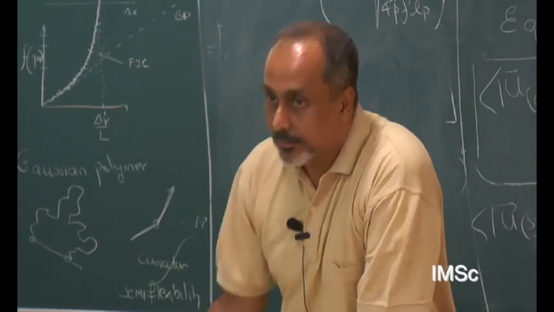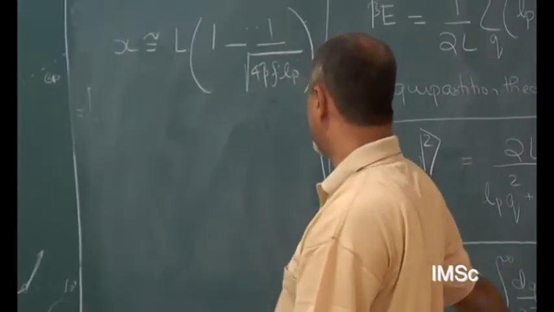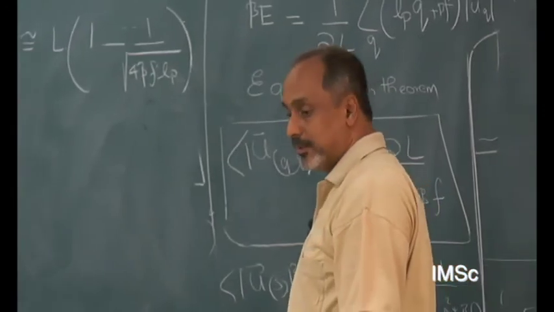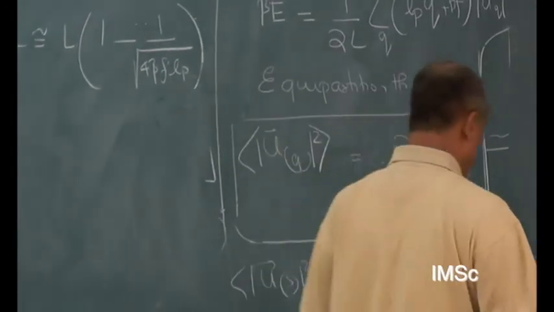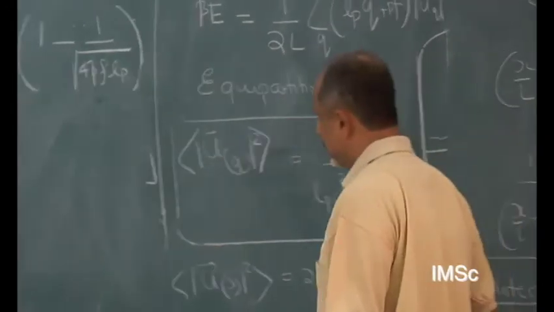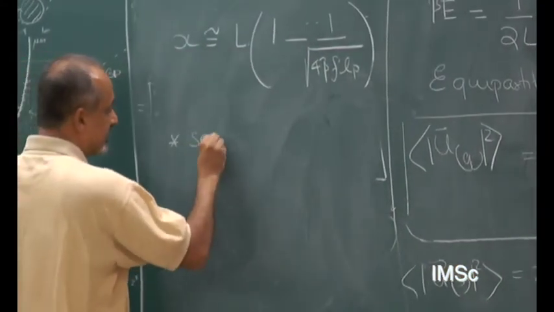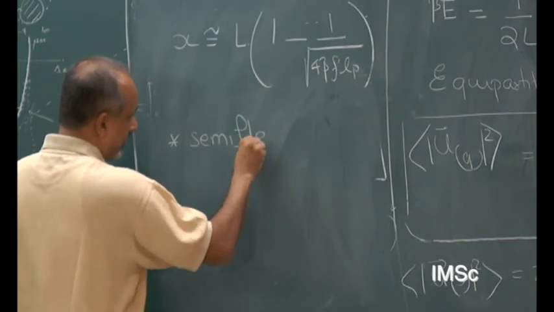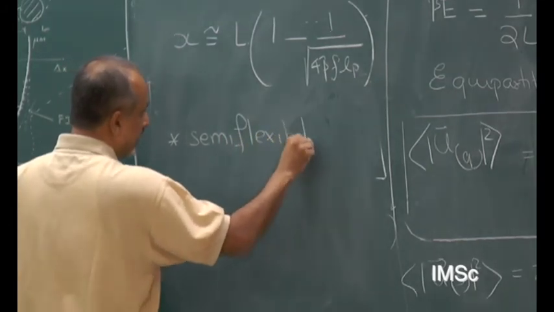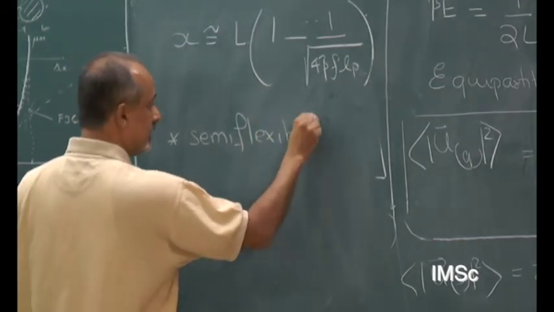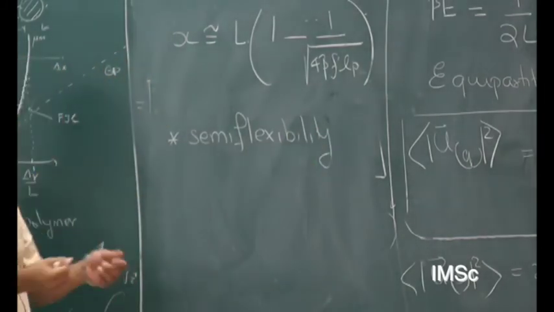So there is some amount of calculation here which would be good if you could follow, but what I would like you to take away from this, most importantly, is the following. First of all, you should understand what semi-flexibility is. Semi-flexibility refers to the energy cost for bending.